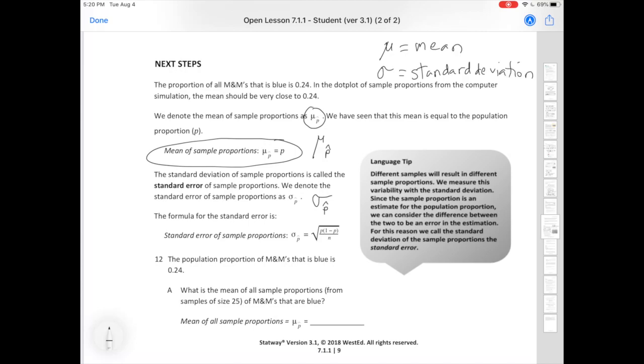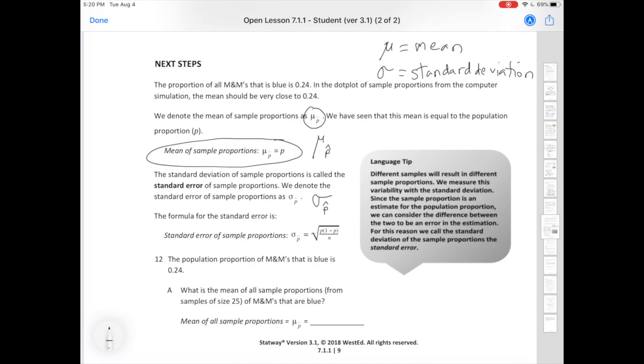So the p hat just means that we are looking at only p hats, and we're looking at the mean of those and the standard deviation of those. You notice we say standard error here. Standard error and standard deviation are basically interchangeable.